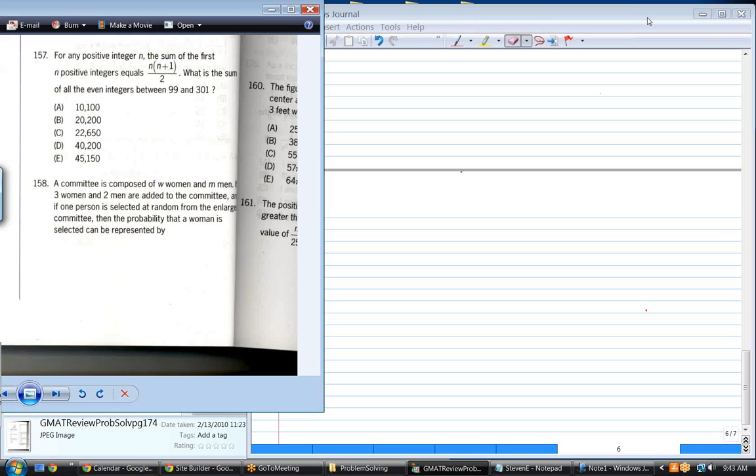So is n the number of integers between 99 and 301? That's the way I'm reading it. Yeah, between the even integers. And that's going to be a tricky part to this problem, is we're looking for the even integers. Oh, man.